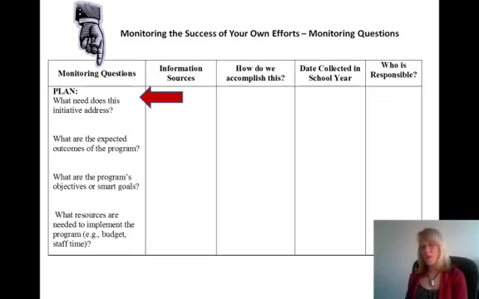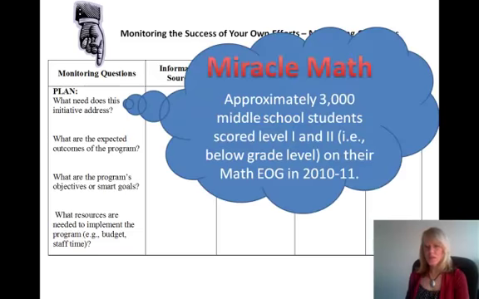Let's think back to the Miracle Math example that was presented in Module 2, Lesson 3. In this example, this question was covered in the Miracle Math logic model, and it was expressed in terms of the need. So the data showed that approximately 3,000 middle school students scored below grade level on their math EOGs in 10-11.